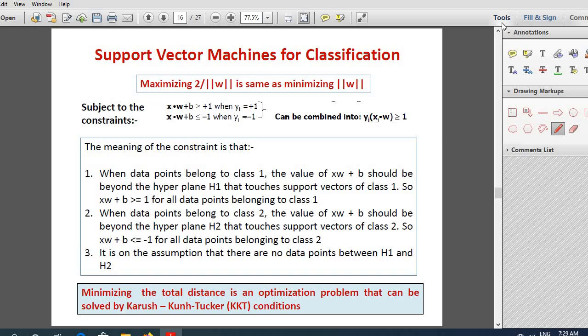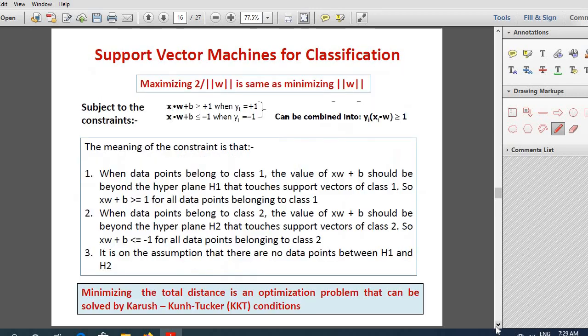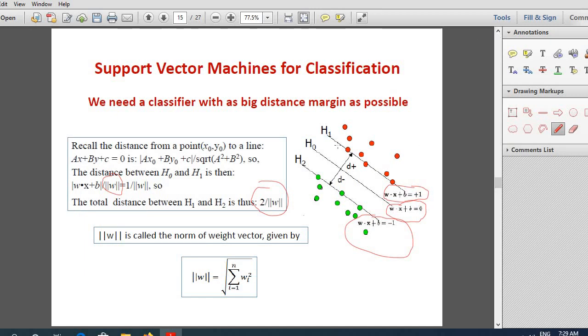Now our main aim is to maximize this distance. Maximize 2 by norm of W. It is the same as minimizing simply norm of W, subject to these constraints. What is the meaning of this? It means that for all the data points belonging to the red class, for all the support vectors, the function g of x should take the value of 1.